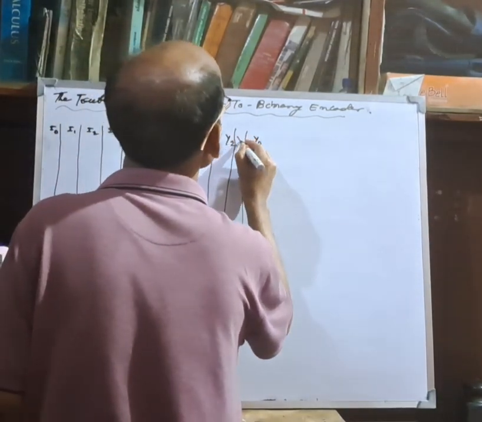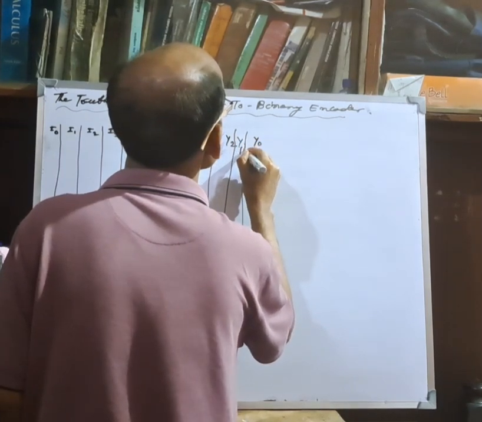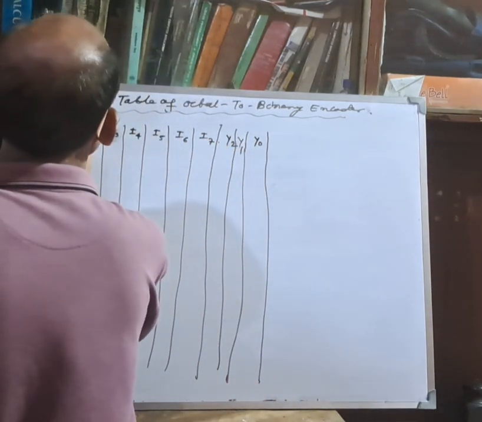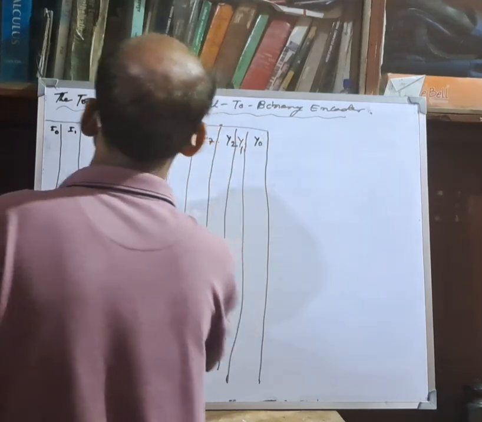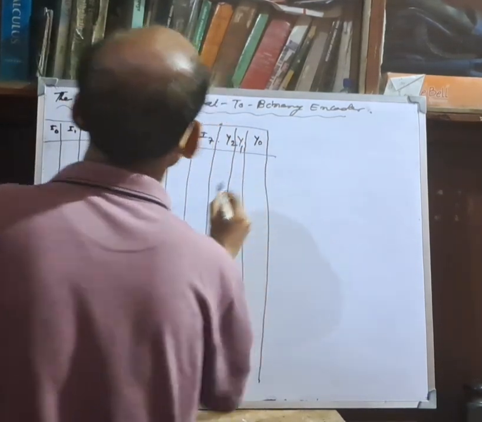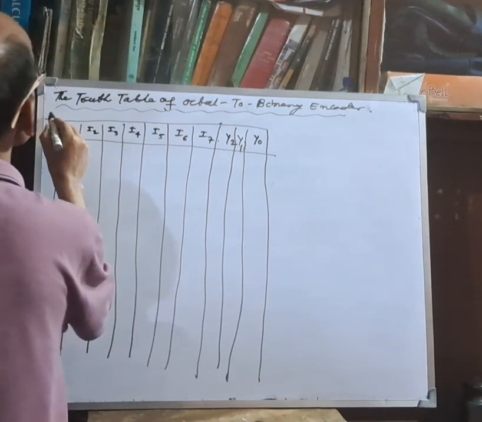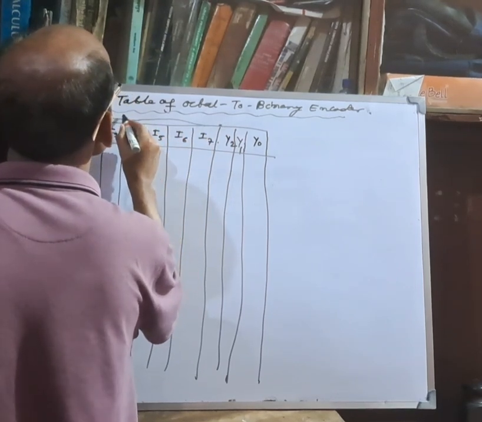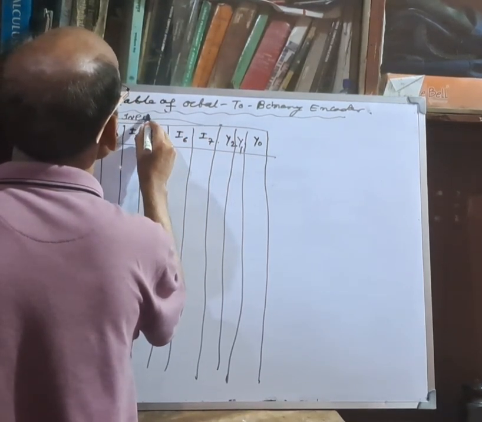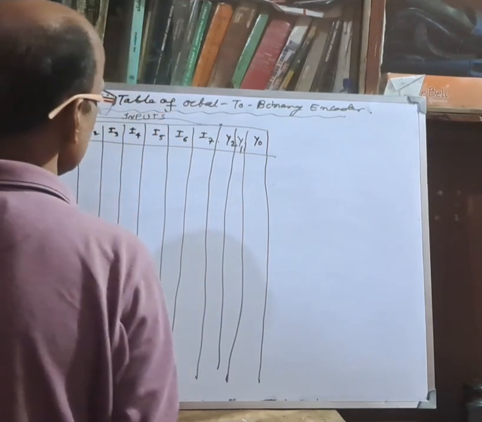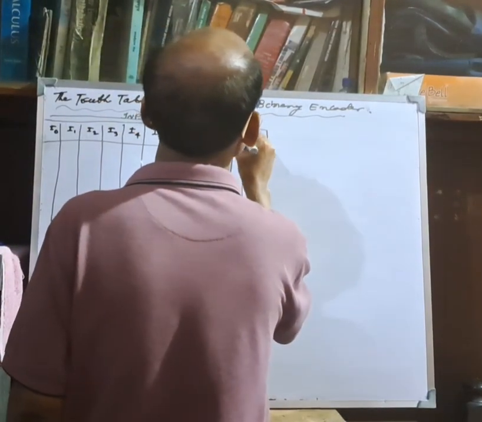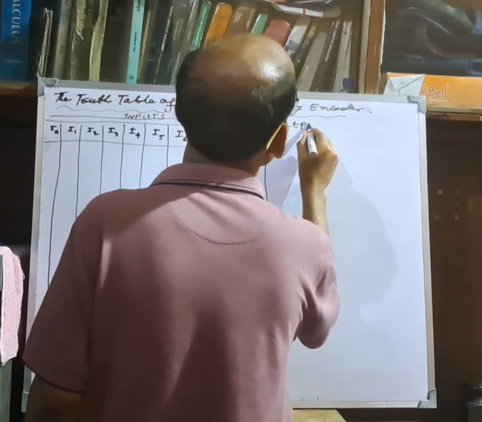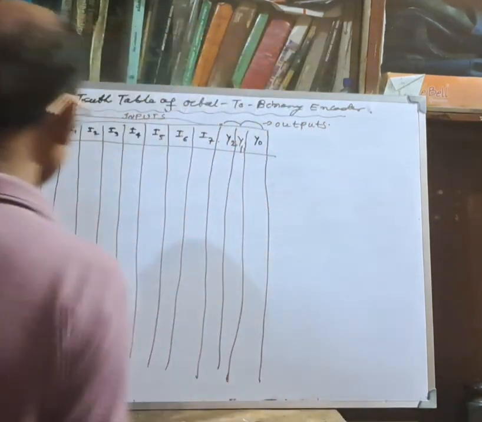Sorry, this is Y1. Okay. So you know from here to here, from I0 to I7, it is inputs. And from here to here, it is outputs. I have mentioned here clearly.